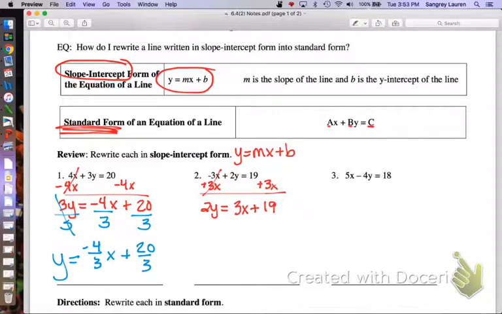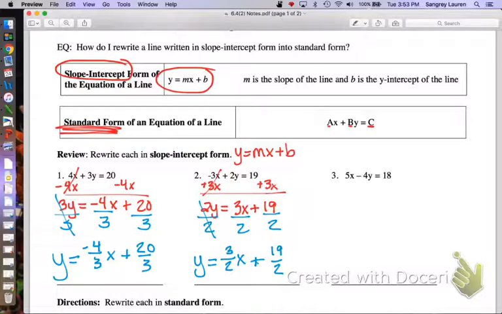Now we're going to divide everything by 2 to get y alone. So we have y equals, does 3 over 2 reduce? No. Does 19 over 2 reduce? Nope. So there's our final answer in slope-intercept form.